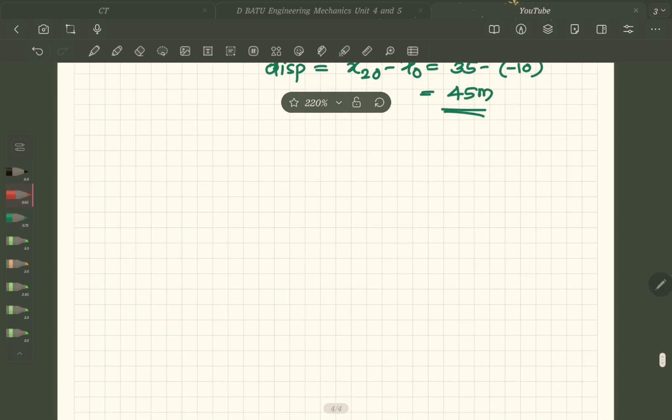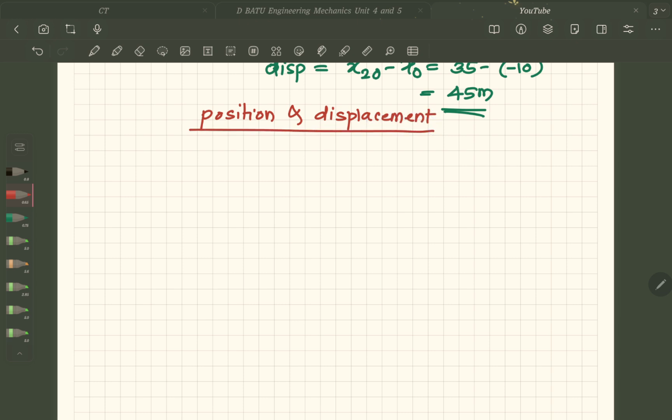Next is velocity. So here we have discussed the position and the displacement, both are hand in hand. Now we are going to discuss the velocity.